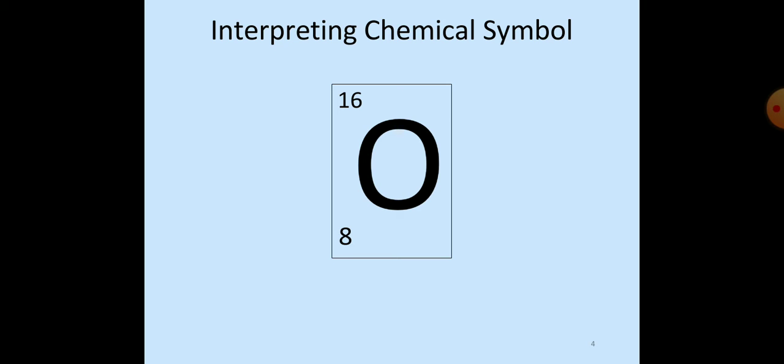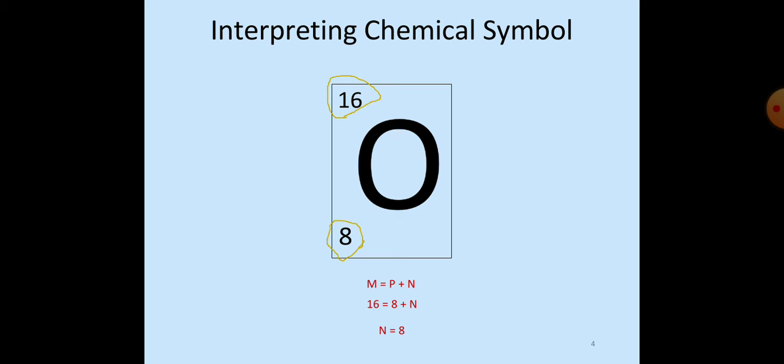Okay, so in here, going back to the formula, based on the given chemical symbol, we can say that the atomic number is 8. Therefore, this is also the number of protons, and the atomic mass is 16. Okay? So using the formula that the atomic mass is equal to the number of protons plus the number of neutrons, we can say that the number of neutrons is equal to 8 for oxygen.